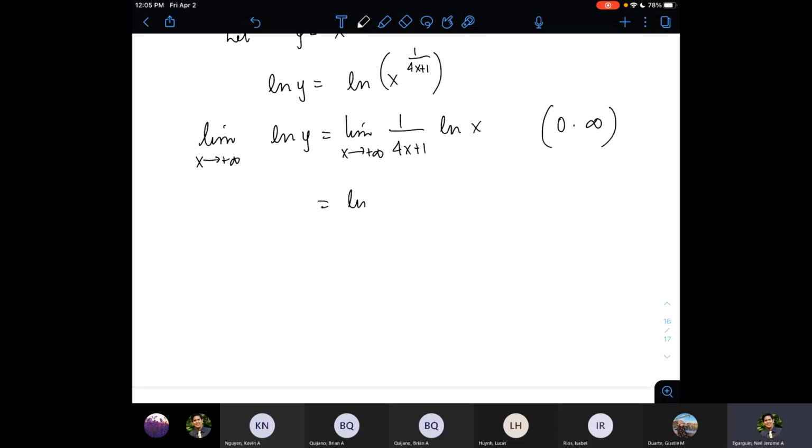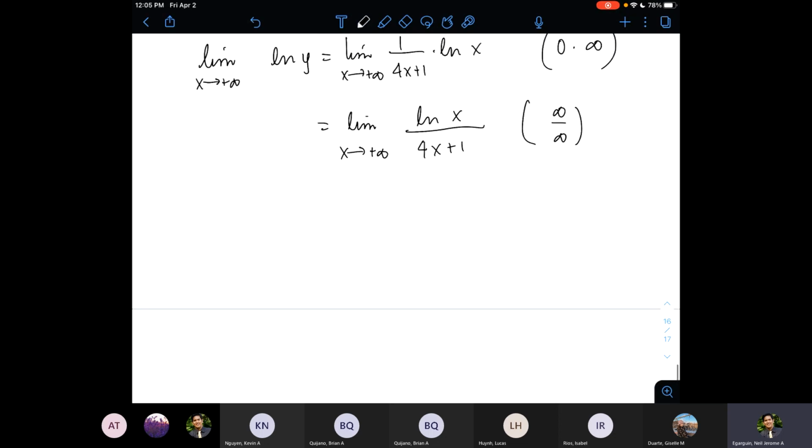But a little rewriting of this function tells me I can look at it as a fraction instead of a product, right? So if I analyze this, I'll have infinity over infinity, which is one of the two forms where L'Hopital's rule applies, right? So now I have infinity over infinity. I can apply L'Hopital's rule.